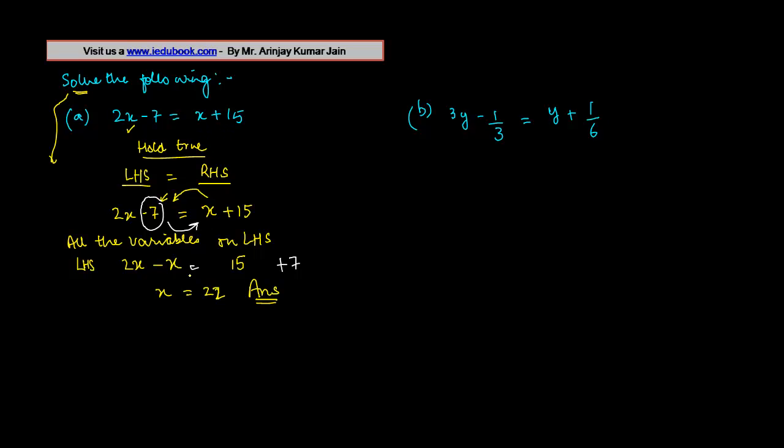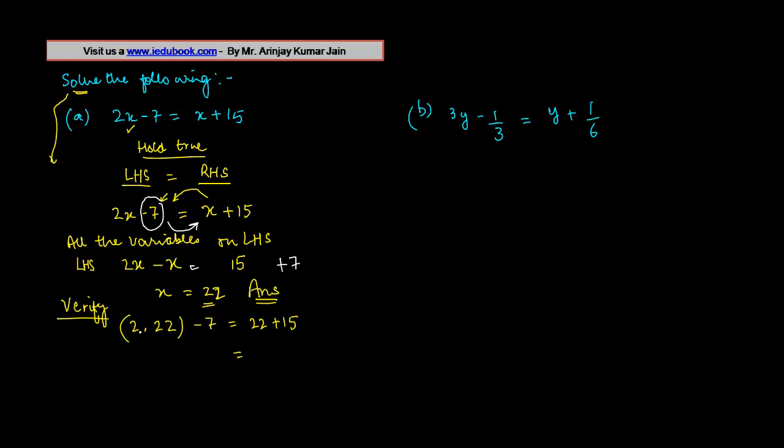So let us verify if for x equal to 22, this equation is true. We write this as verify. If x is equal to 22, the left hand side becomes 2 into 22 minus 7, and the right hand side is 22 plus 15.